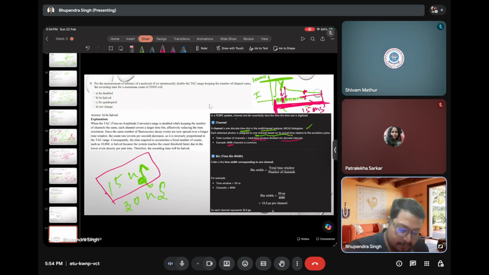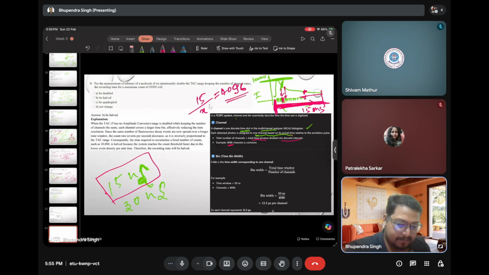So the total number of channels equals the total time window, 15 nanosecond, divided into discrete intervals. How many intervals? Let's say x intervals, so each interval will have the same time slot, for 4096 channels.